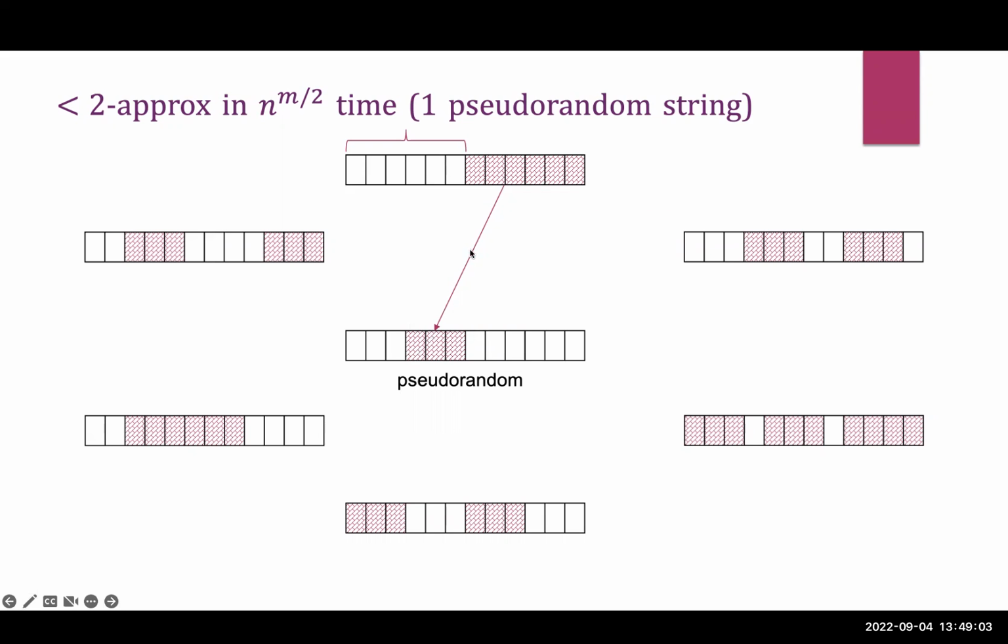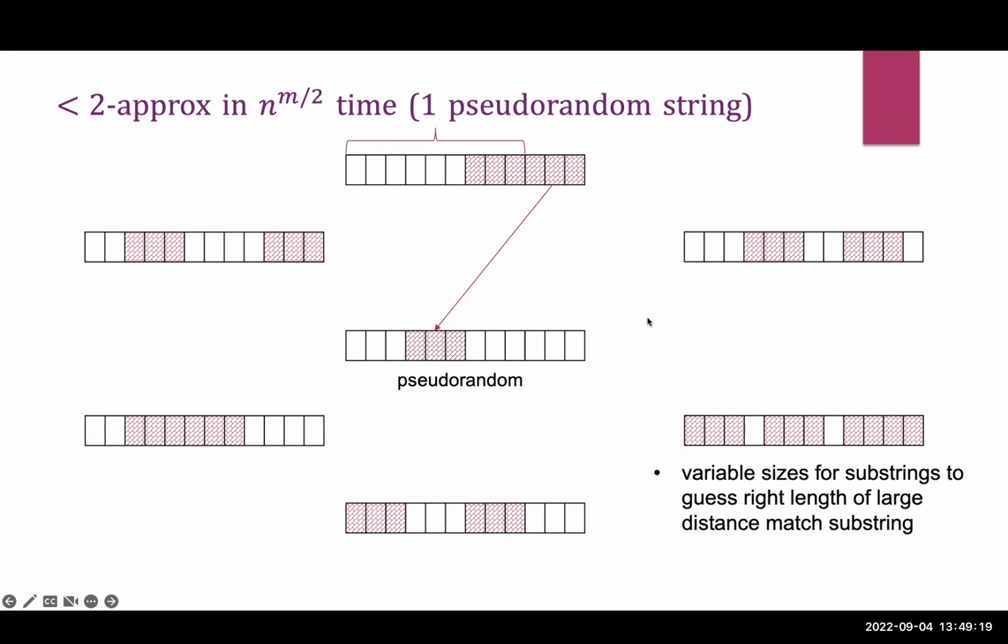Here you can see if this is a unique match, then this first white part is a large cost match substring. Whereas if this is the unique match, then the length and the location of the large cost match substring change. So to tackle this situation, instead of taking a single length or single location, we take variable sizes, and this way we try to guess the right length and location of the large cost match substrings.